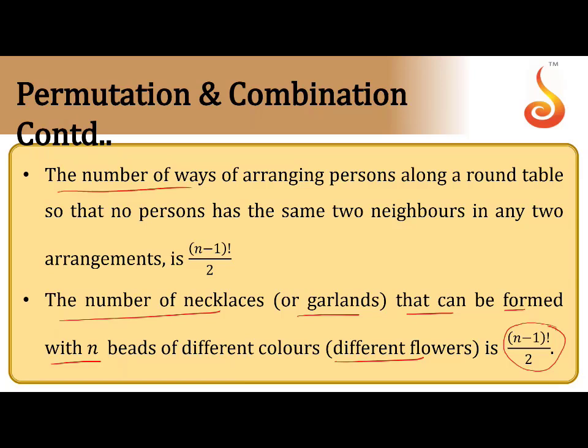Here also one more: the number of ways of arranging persons along a round table, no two persons having the same neighbors, both different. In that case, the number of arrangements will be n minus 1 factorial by 2. Just remember the formula. But the major thing: circular permutations n minus 1 factorial. In the particular case of a garland or necklace, n minus 1 factorial by 2. That is enough, so many concepts cause confusion. I hope you understand everything.